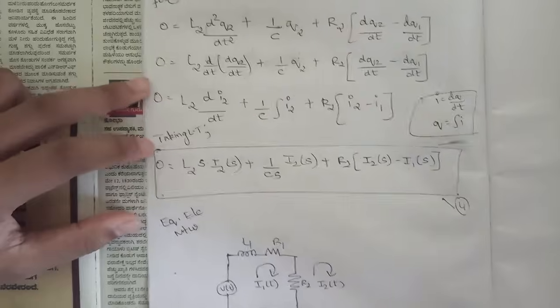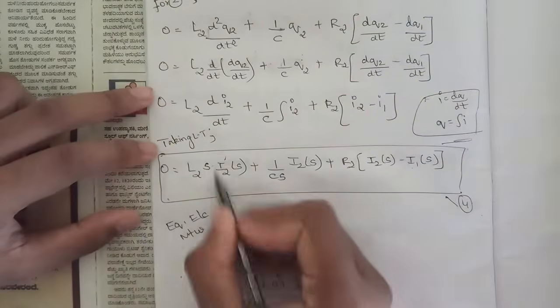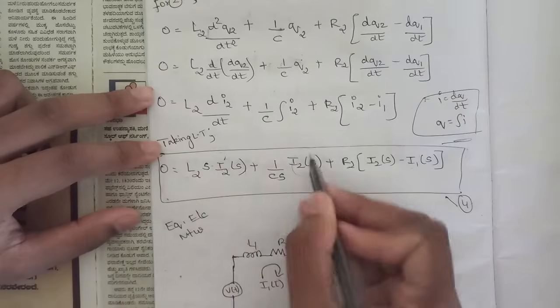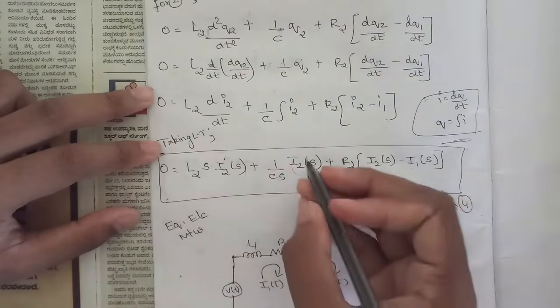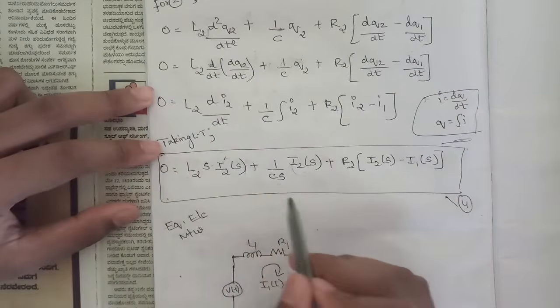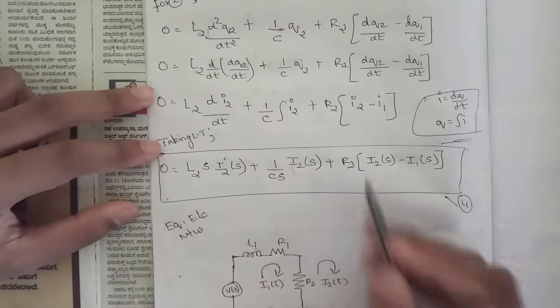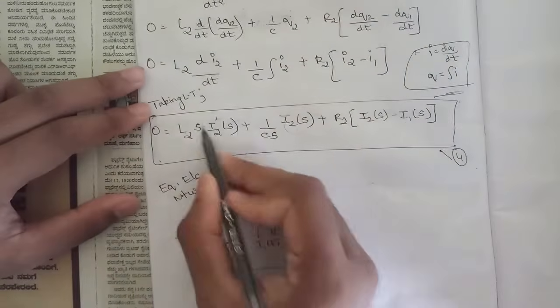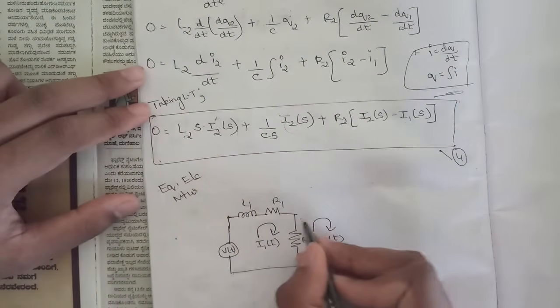So now let's consider the second loop, that is the second current I2 of s. Here we can see that under I2 of s we have two components, that is L2 as well as C. Since this R2 is already written between these two loops, only these two components are left, L2 and C, and those two are in series again.